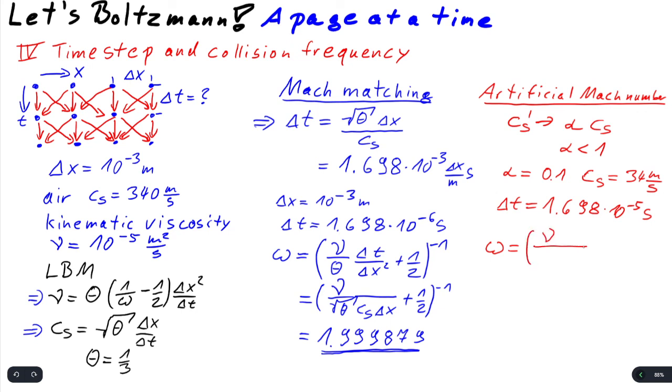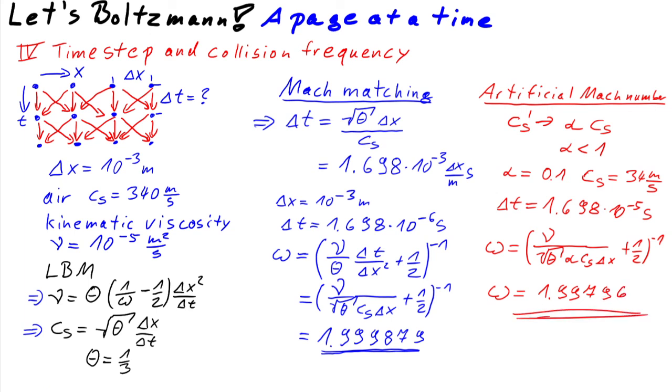So we would have nu divided by theta times alpha cs delta x plus 1/2 to the power of -1. And this would give us 1.99796, which is still pretty close to 2, but could be significantly more stable.